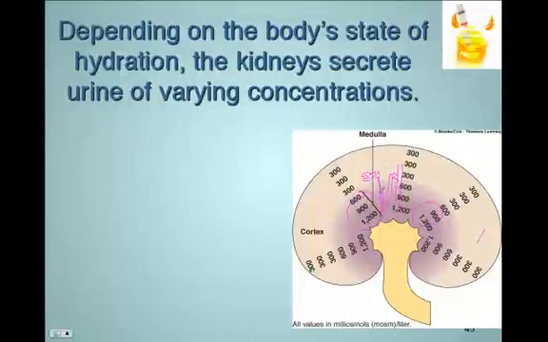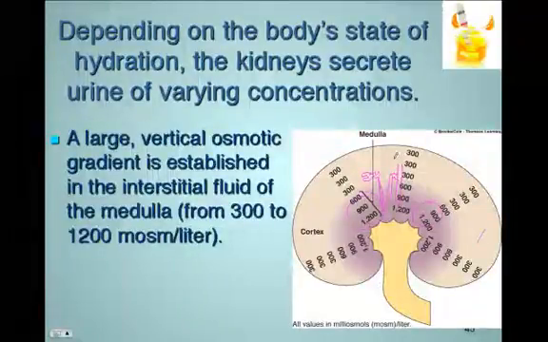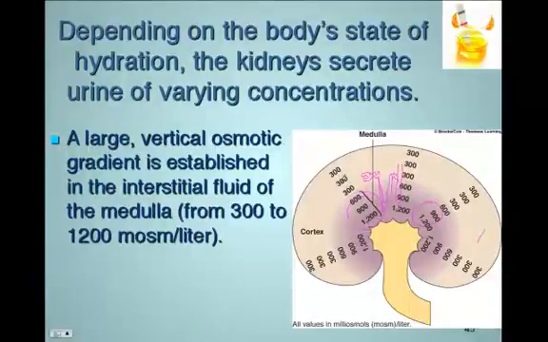And that will help to maintain a certain body fluid volume, so a certain pressure inside our blood. That's really what the kidneys want to ensure: we don't want to draw out too much fluid out of the blood and dump it as urine, and we also don't want to draw out too little. So the kidneys help to regulate our fluid pressure within our blood.